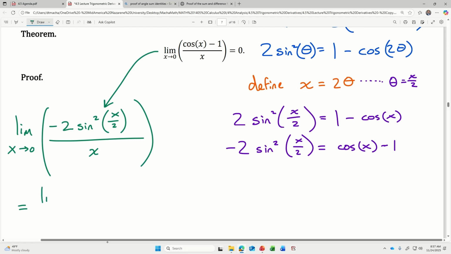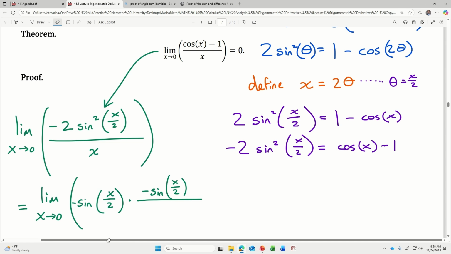And I'm going to divide the numerator and denominator by 2. And I'm also going to factor out one of the sines. So I'm going to have sine of x over 2 times negative sine x over 2. I'll put the minus up front. Divided by x over 2.